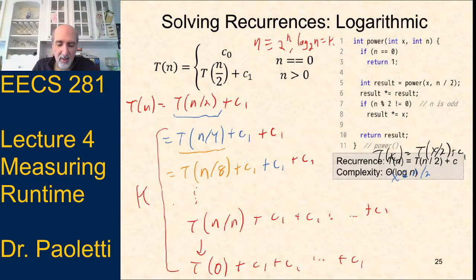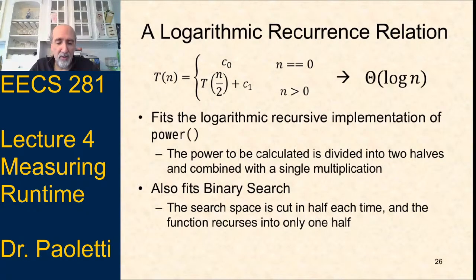So that's our recurrence relationship. We take that recurrence relationship, we solve it, we get big theta of log n, and now this fits the power. It also fits binary search. If we wrote out a recurrence relationship for binary search, we get the same basic equation: T of n is equal to T of n over 2 plus a constant amount of work when it's not a base case.